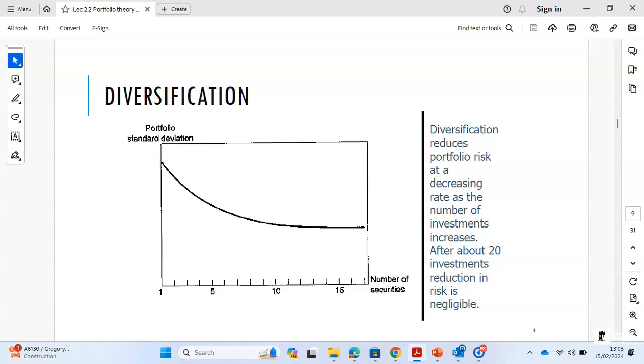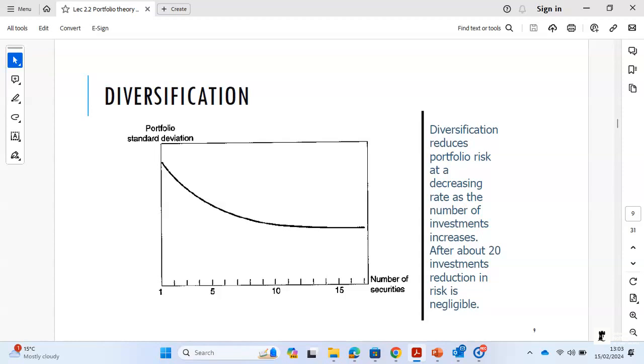In the learning objective slide, I introduced this term, systematic versus unsystematic risk. The risk that can be diversified away is only the diversifiable component of the risk. So there's an undiversifiable component, the systematic risk, which can't be diversified away.